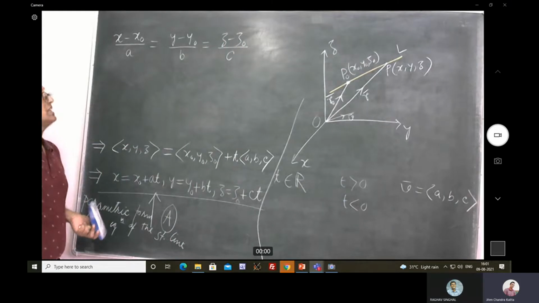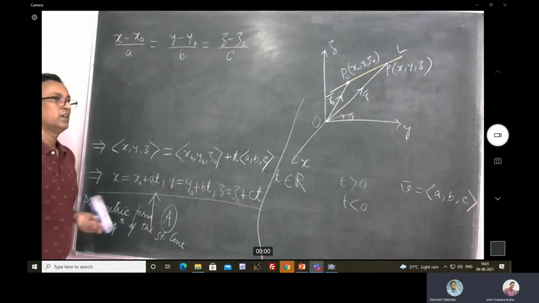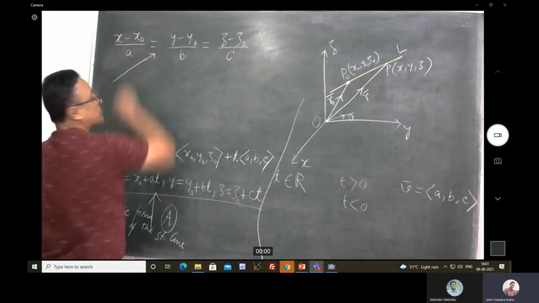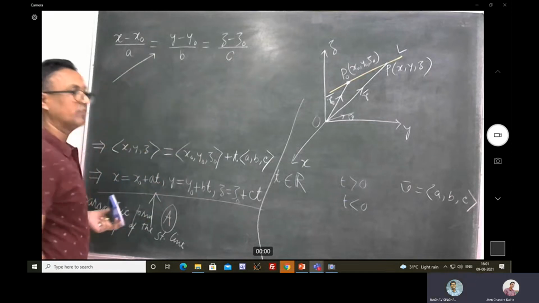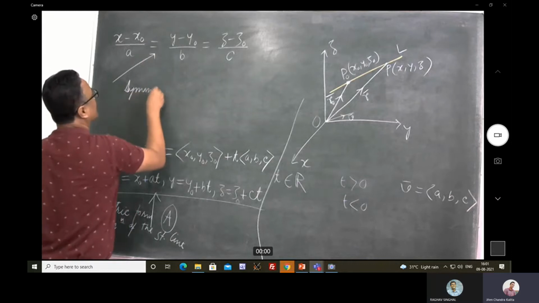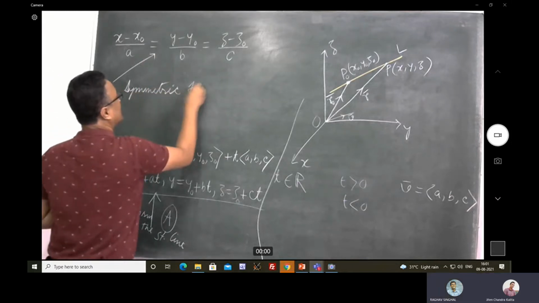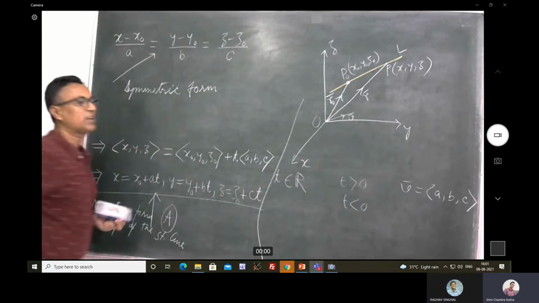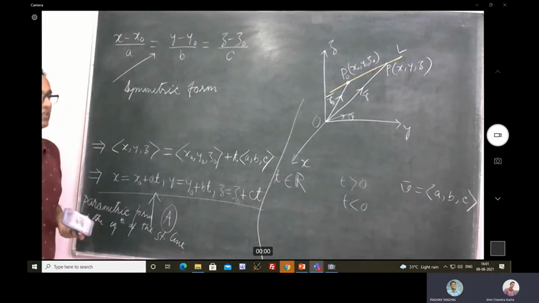You can see that there is some symmetry about all three ratios, isn't it? That is why this particular form of the equation of the straight line is called the symmetric form.